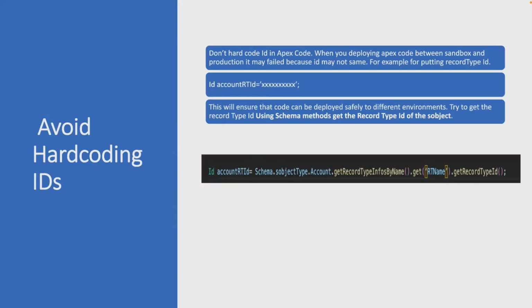If we do not follow this good practice, then when we move our code from a lower sandbox to a higher sandbox, there will always be a difference in the record type ID, and our code will break whenever we run the test class. It is not only record type IDs; other hard-coded values should also be avoided to follow best practice.